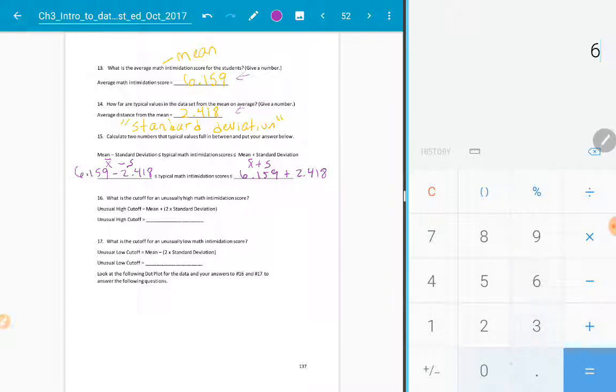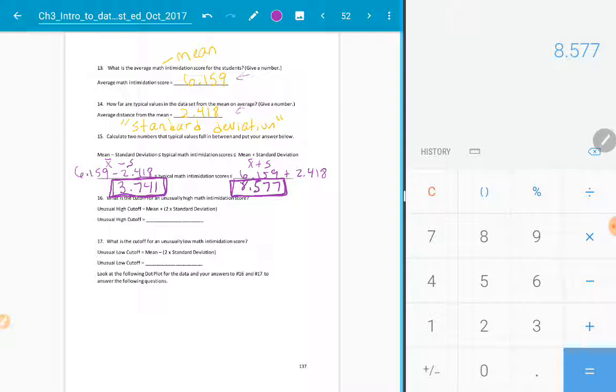So 6.159 minus 2.418 gives me the lower number, which is going to be 3.741 as your final answer here. And for the upper boundary, 6.159 plus 2.418 gives 8.577.